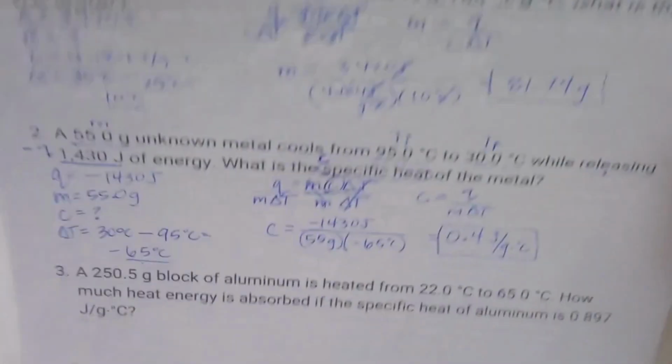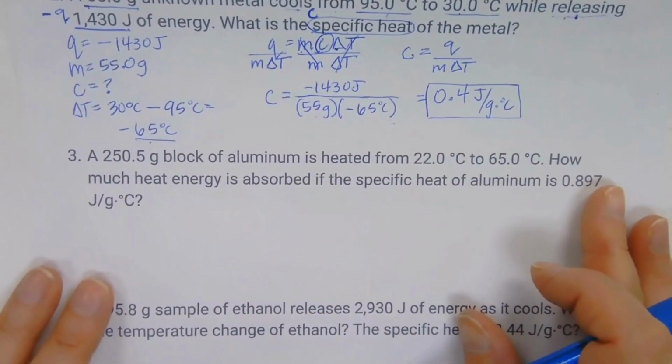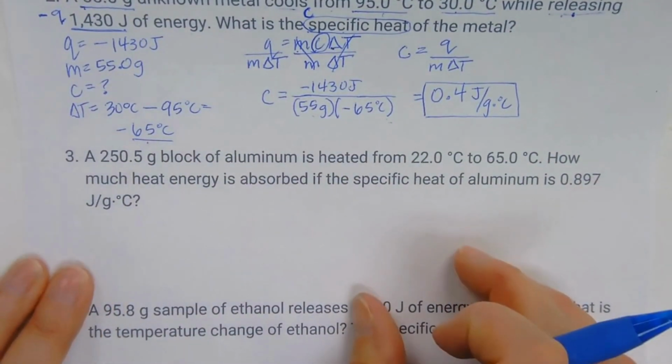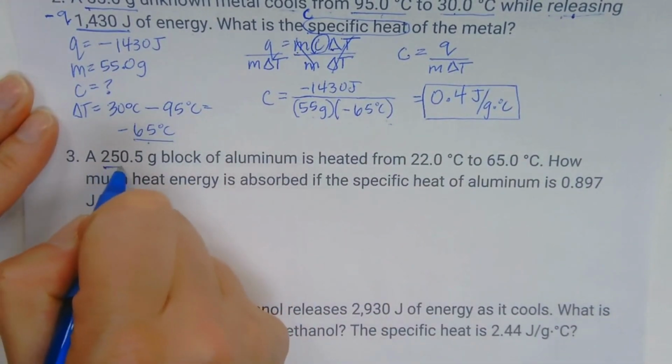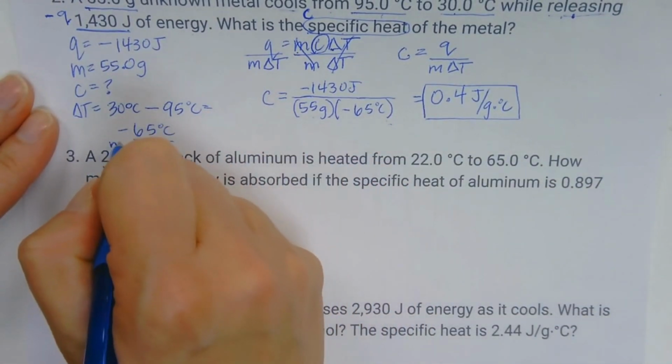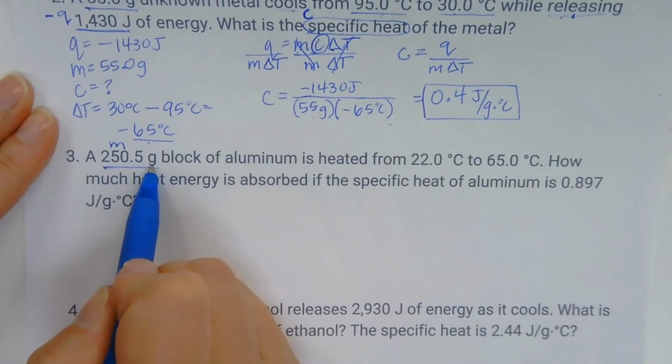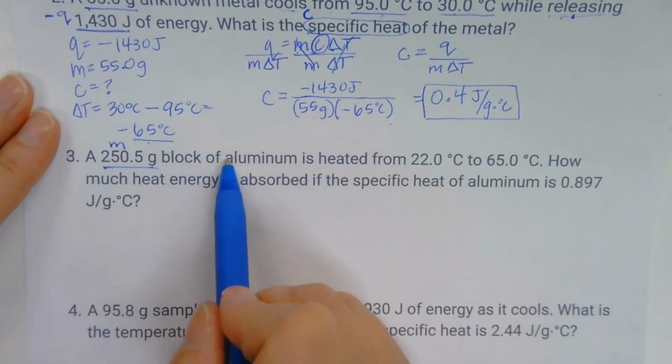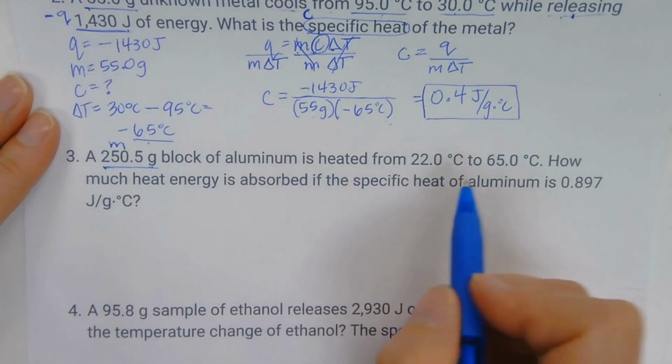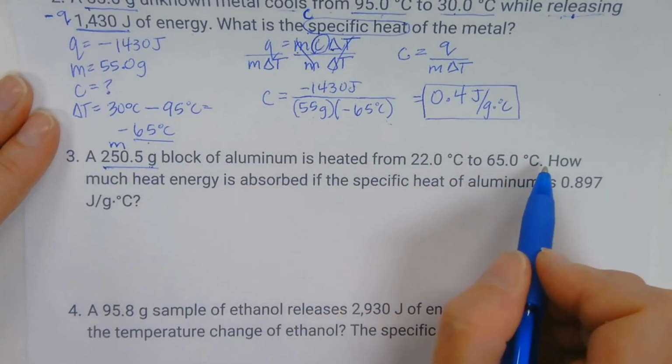Okay, let's look at the next one, number 3. A 250.5 gram, okay, stop. This 250 gram is a mass, and we know that because of the units of gram. Block of aluminum is heated from 22 degrees Celsius to 65 degrees Celsius.